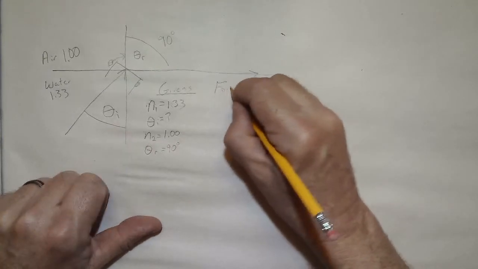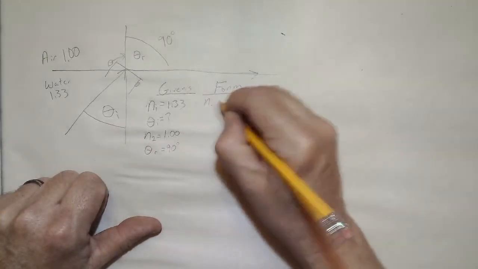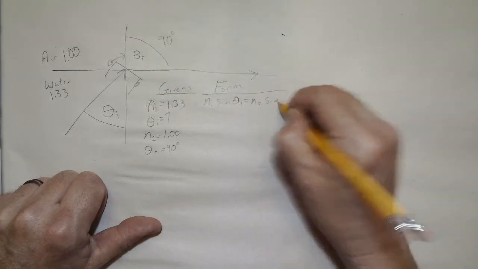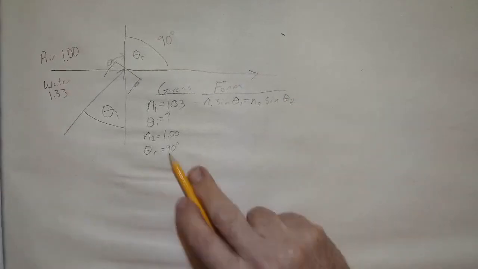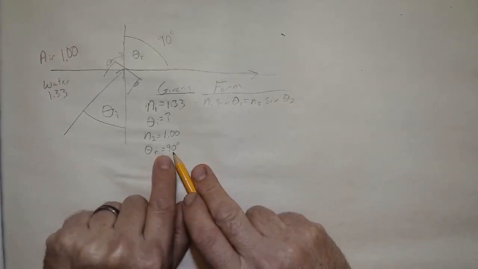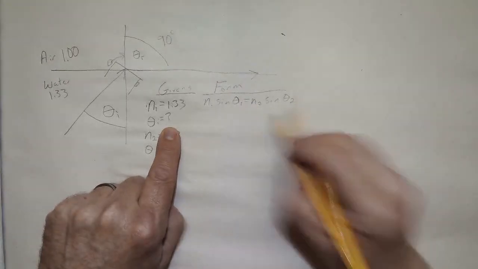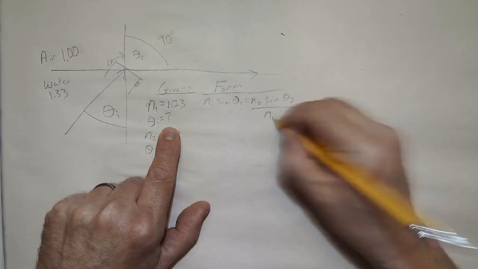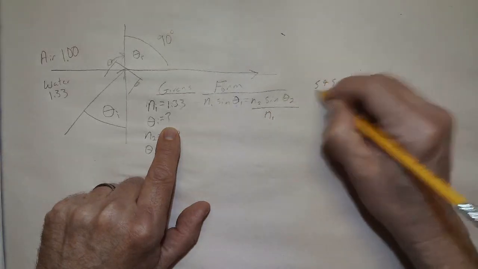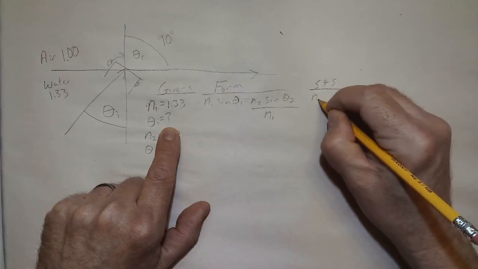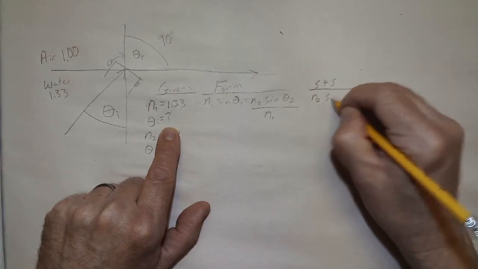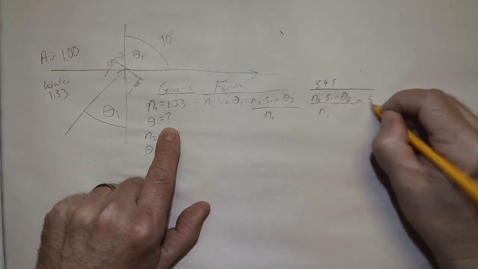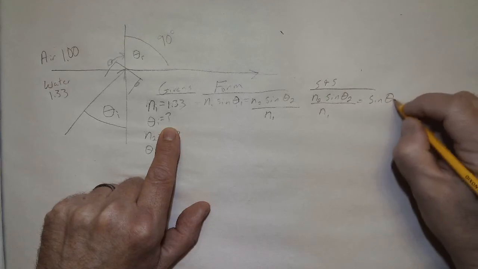Okay, so now let's put that in the formula. N1 sine theta 1 equals N2 sine theta 2. Solve that for this, which means N2 sine theta 2 over N1 equals the sine of the angle that we seek.